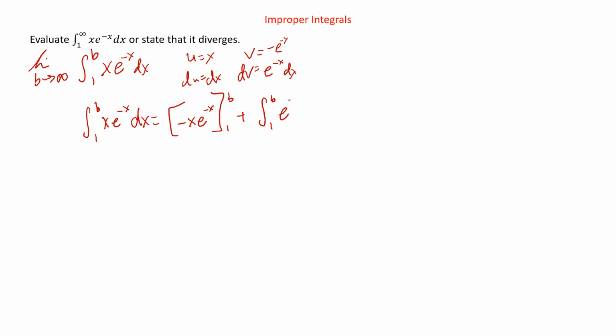That's plus e to the negative x dx. We know what the antiderivative of e to the negative x dx is. That's negative e to the negative x. It's going to go from 1 to b.